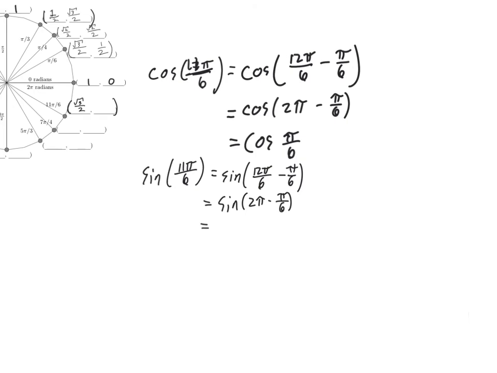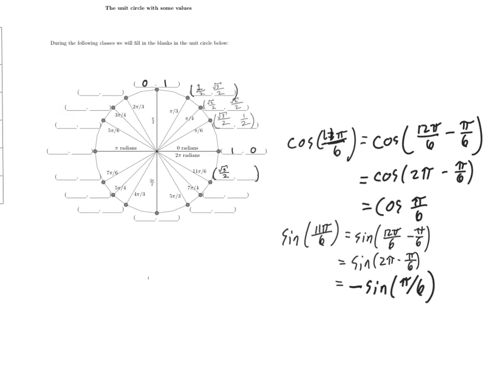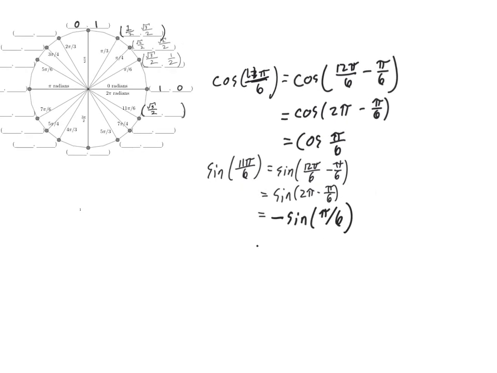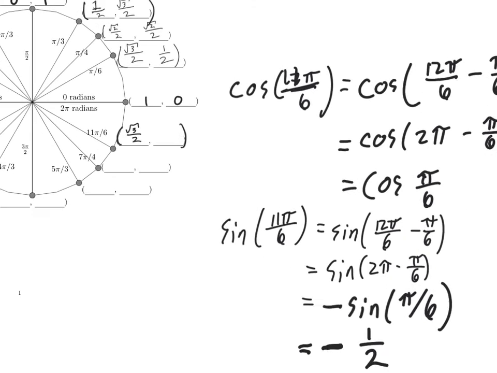So sine of 2 pi minus pi over 6 is the same thing as negative the sine of pi over 6. But I know what the sine of pi over 6 is. Go forward by an angle of pi over 6 and read the y-coordinate. The y-coordinate is 1/2. So I wind up with a negative sign because of that negative sign, and the y value was 1/2.